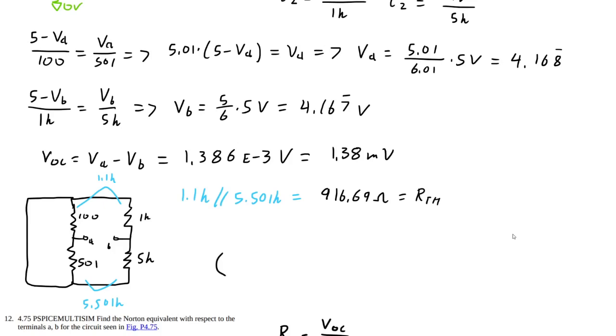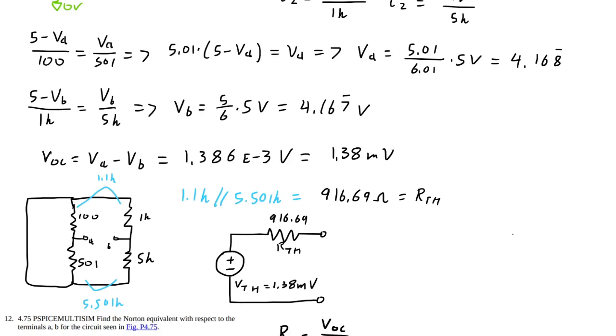So we're going to plug that back into our Thevenin equivalent circuit. So we have 916.69, that's our R Thevenin. V Thevenin is going to be 1.38 millivolts.